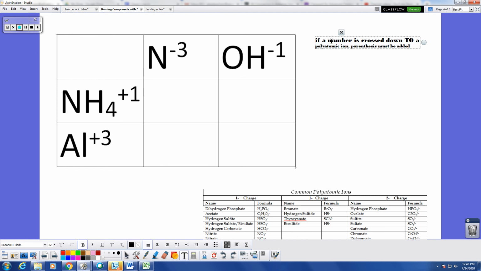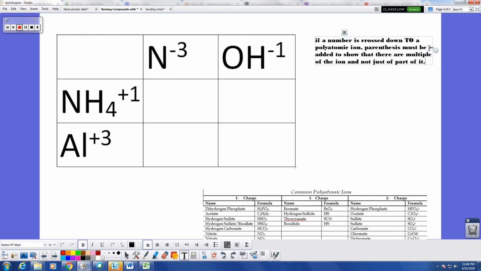Let's go here and say that, all of it, to show that there are multiple of the ion and not just a part of it.